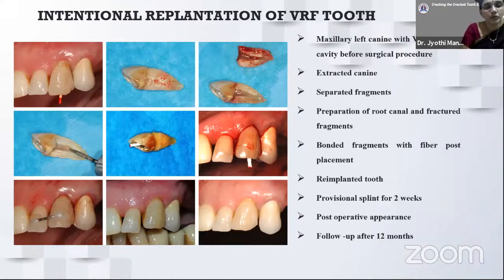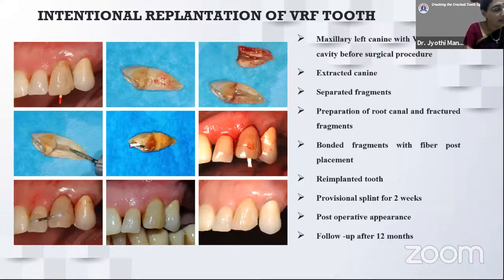So here is the vertical root fracture of the maxillary canine. Initially, before going for the intentional extraction of the tooth, we opened the access cavity and checked the fit of the FRC post and extracted the tooth. These are the two segments, and the preparation of the root was done with 10% citric acid and 3% ferric chloride.